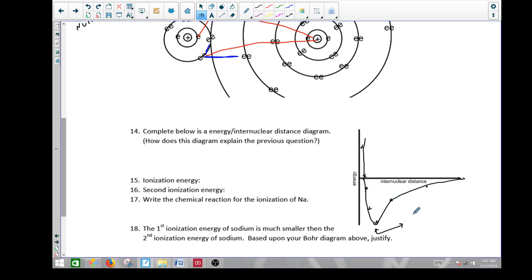At this point is a balance where the attractive forces equal the repulsive forces. And we would say this right here would be the bond length, and this right here would be the bond energy.